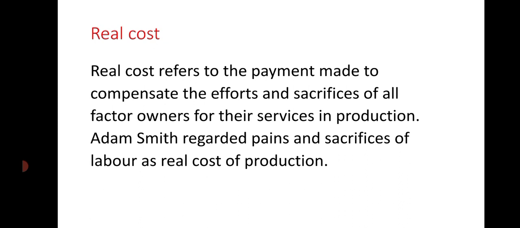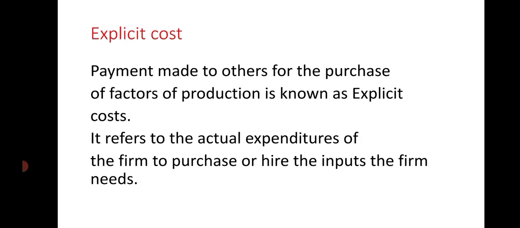Then third one is explicit cost. Explicit cost refers to payment to factors of production or inputs. What are factors of production? Land, labor, capital and organization. Payment refers to the reward for these factors of production, that is wages, interest, profit and rent.